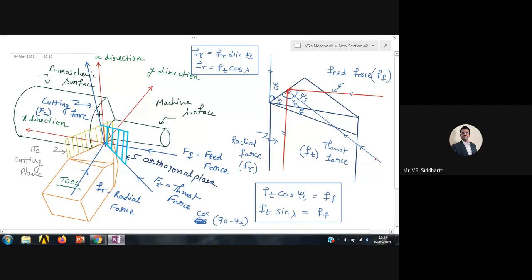Now I want the overall resultant between the cutting force and the thrust force. So can I take the final resultant R, which is root over Fc square plus Ft square?